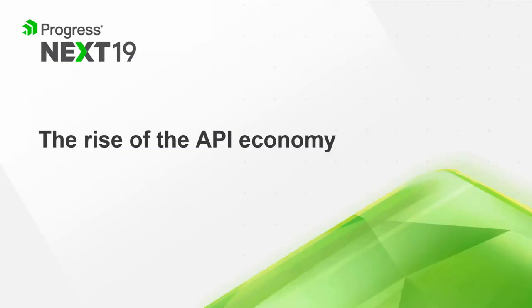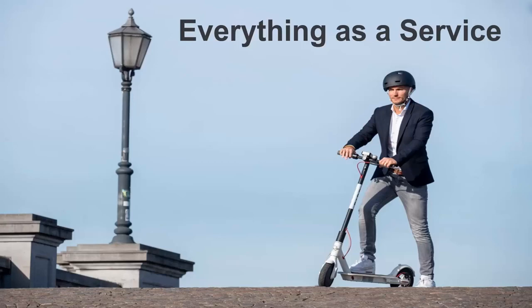Well, I guess we've all noticed the rise of the API economy, as we call it, right? More and more we see that everything is basically positioned as a service. So if I want to get around in Amsterdam, parking my car is extremely expensive. So it's actually better to park my car outside town, just shuttle in with the metro or the bus, and then take a little step just to get around.